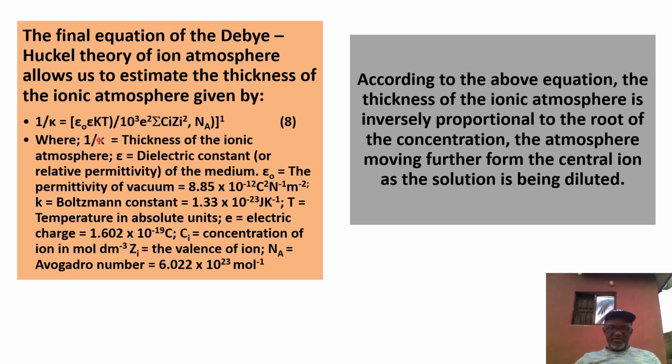Then the dielectric constant, relative permittivity, electronic charge, Boltzmann constant, and so on. Therefore, according to this equation, the thickness of the ion atmosphere is inversely proportional to the root of the concentration. The atmosphere moves further from the central ion as the solution is being diluted.